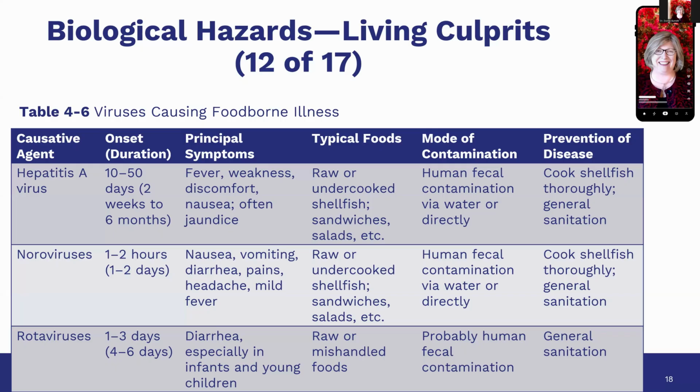And this should be monitored by the supervisor to make sure people coming back into the kitchen, from wherever they might have left to go, whether they're delivering trays or anything, wash their hands when they come back in the kitchen. You see noroviruses and rotaviruses, they have shorter onsets, shorter durations. They're not quite as severe, but they also have in common the mode of transmission is through human fecal contamination. And how you prevent those would be, again, cooking shellfish thoroughly and general sanitation.